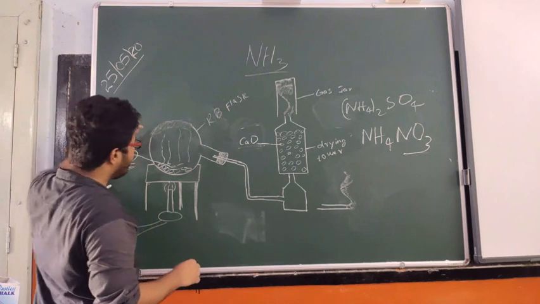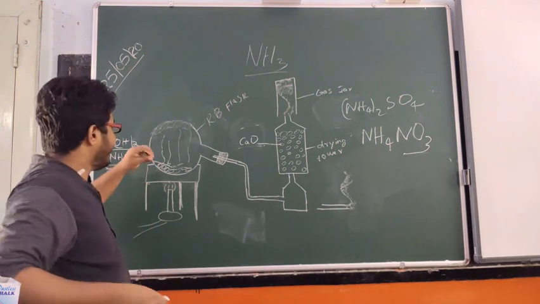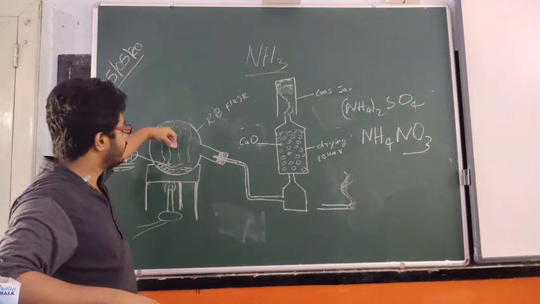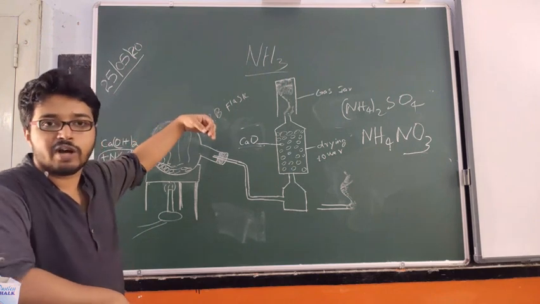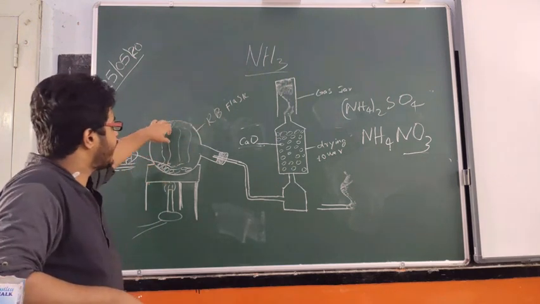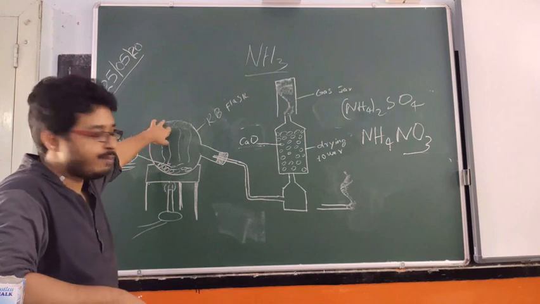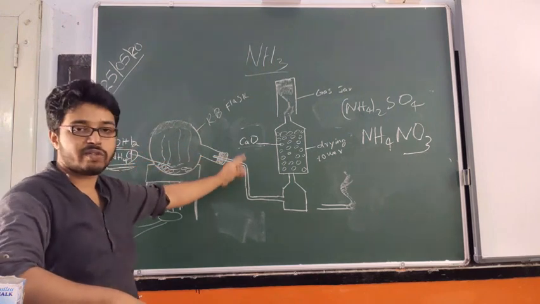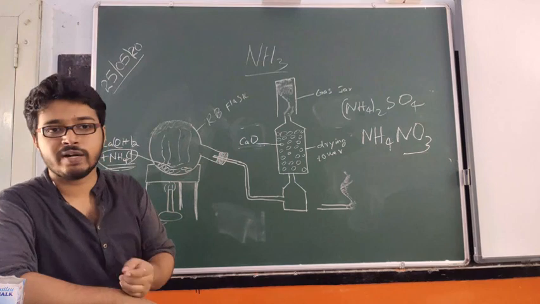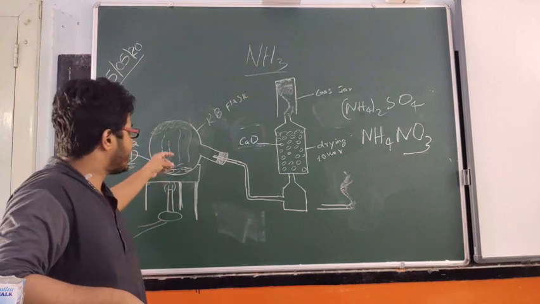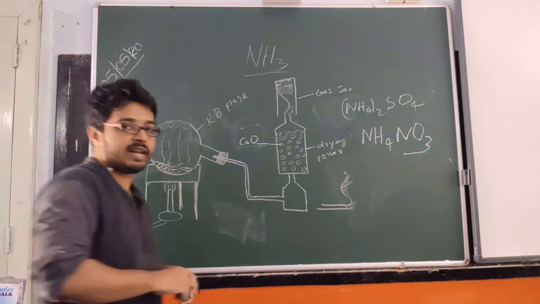That means the ammonium chloride which sublimed and converted into vapor will get condensed at the top of the RB flask instead of going through the delivery tube. That is one important reason why we are keeping the RB flask inclined.